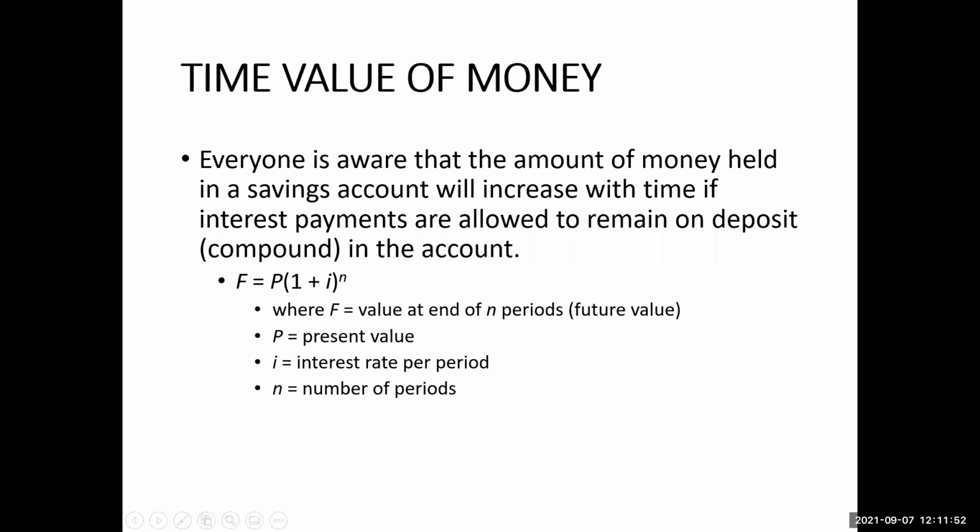F is equal to P times (1 + i) to the power n, which is called the compound amount after a number of years n. Everyone is aware that the amount of money held in a savings account will increase with time if interest payments are allowed to remain on deposit in the account.